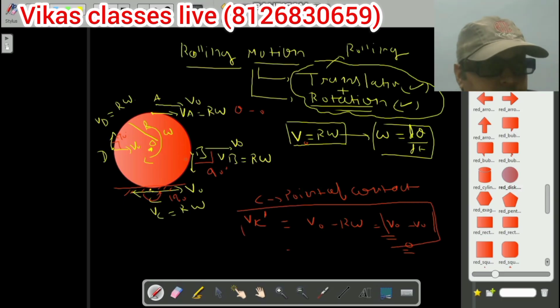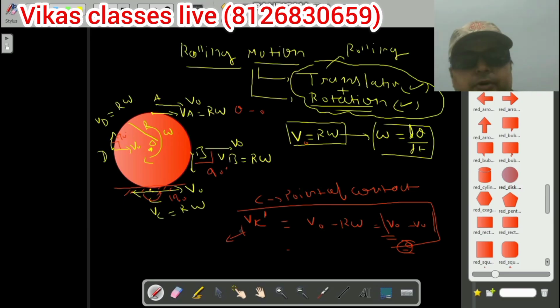Here we get the third concept. This is called the no slip condition. At point C, we are getting resultant velocity 0, which is the no slip condition, and the most important condition for pure rolling. In order to be pure rolling, it is necessary to be in no slip condition.